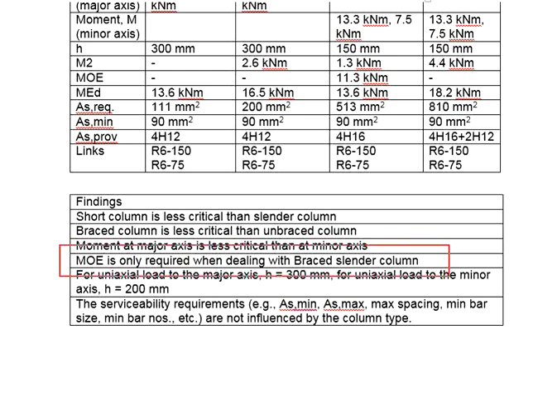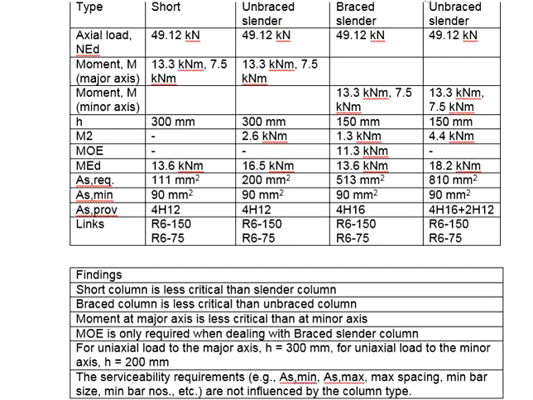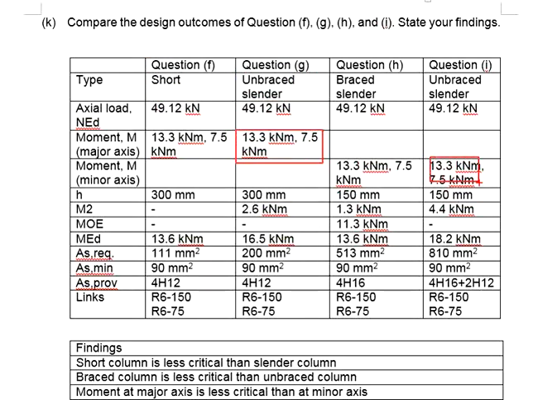Next, the MOE we have mentioned already. It is only required when dealing with the braced and slender column. Now, if you want to simplify your calculation steps, if you are dealing with the short column or unbraced slender column, regardless of whether it is acting on the major or the minor axis, you can skip the calculations for the MOE.